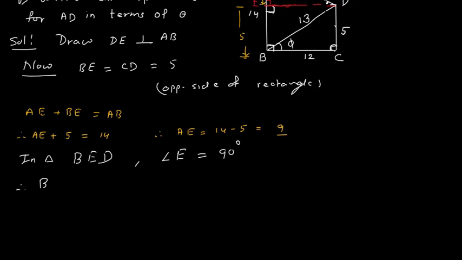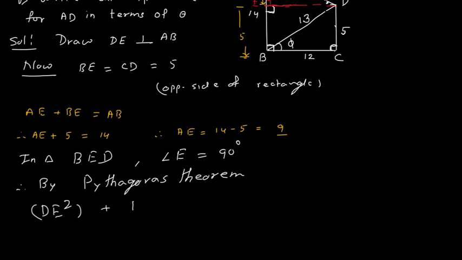Therefore by the Pythagoras theorem, we have DE square plus BE square is equal to BD square.